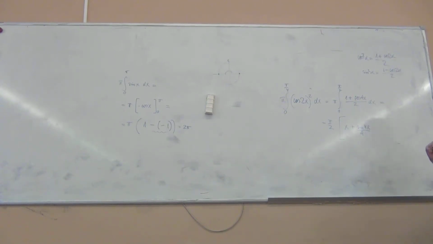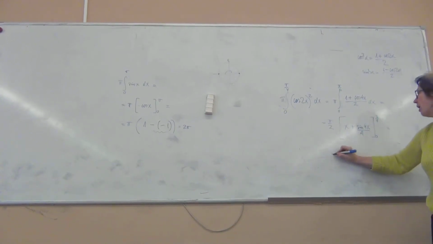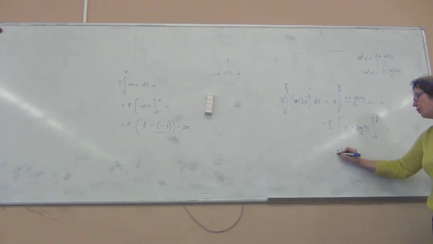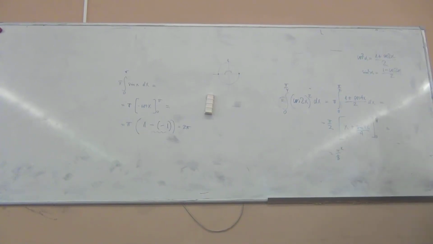I hope you haven't completely forgotten the methods of integration on basic integrals. From 0 to pi fourth. So now it's pi half times pi fourth, that would be pi squared over 8.